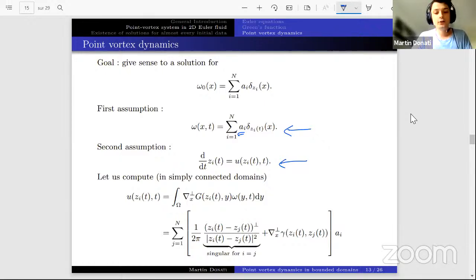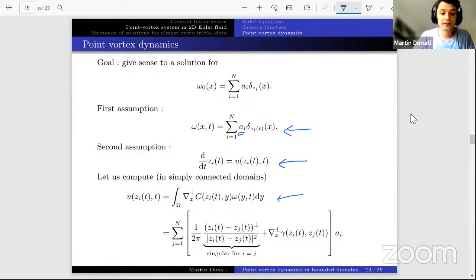So let us compute what this formula gives. We compute via the Biot-Savart law the velocity at the point vortex z_i. And we use the decomposition of the Green's function to obtain the sum of this term, which is the gradient perp of the Green's function of R2, plus the smooth part.